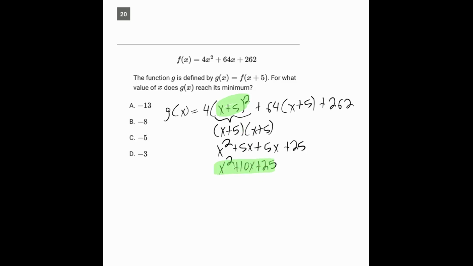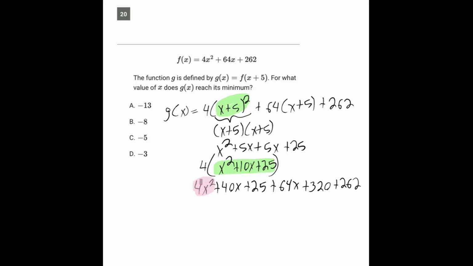So we still have to distribute a 4 and also distribute the 64. So 4x squared plus 40x plus 100 plus 64x plus 64 times 5, which is 320, plus 262. And now we have a lot of like terms.